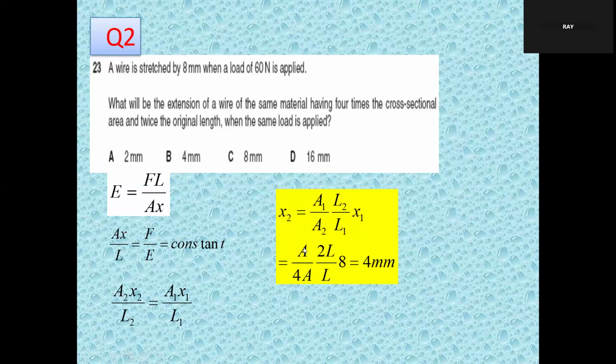So A and A cancel, L and L cancel, 4 cancels by 8, you still got 2, so it's 4 millimeter. Can play with the formula only.